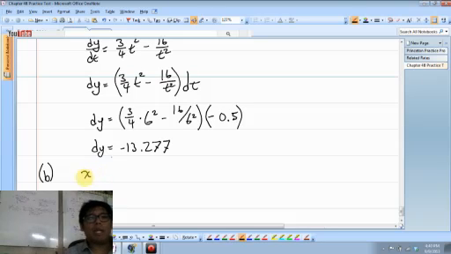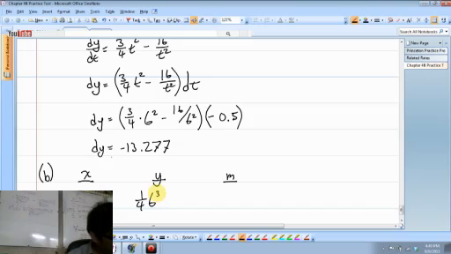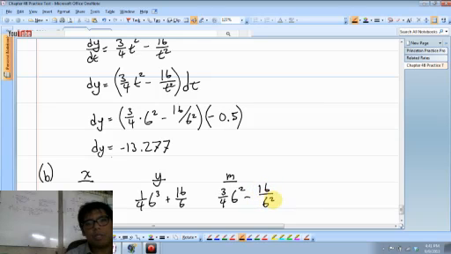So our tangent line, we need an x, we need a y, we need an m. X, they give you a 6. Y is 1/4 of 6 cubed plus 16 over 6. M is 3/4 of 6 squared minus 16 over 6 squared.